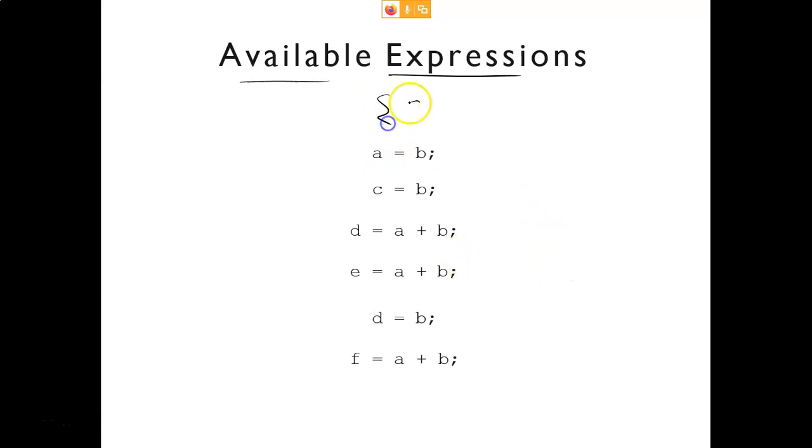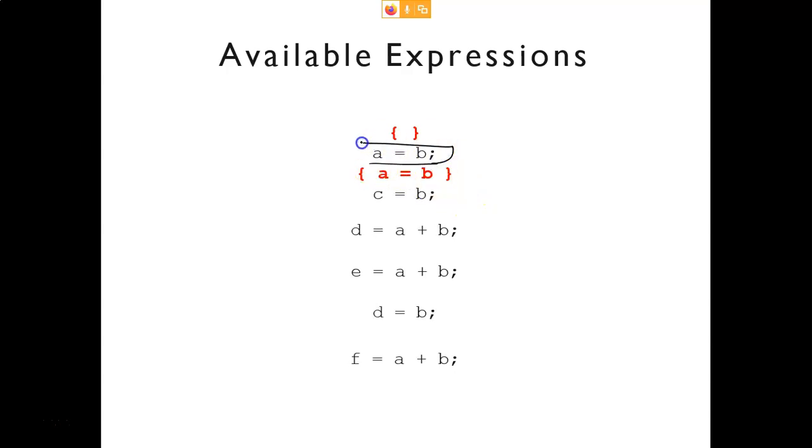Initially nothing is available. You can see initially this is your set of available expressions. After this statement, this is your set of available expressions, a = b. Now after this, this is your available expression, and this is also your available expression.